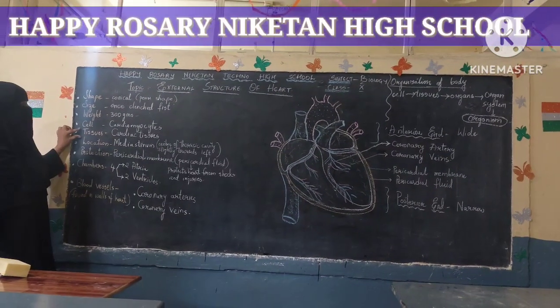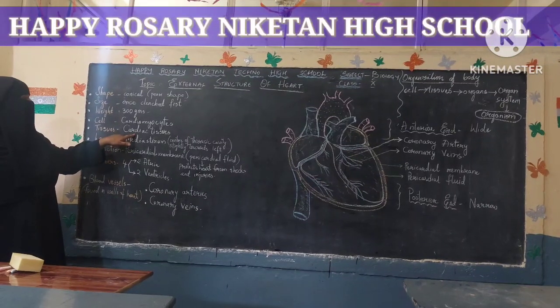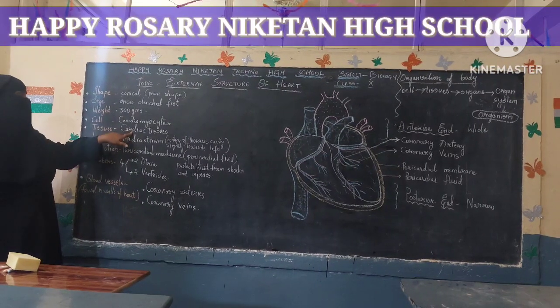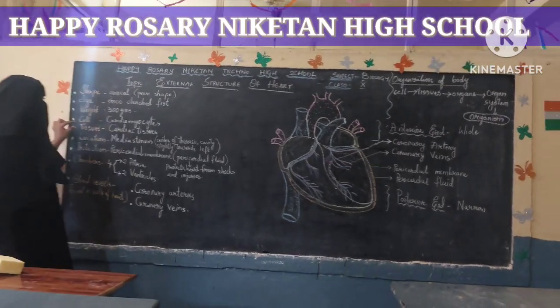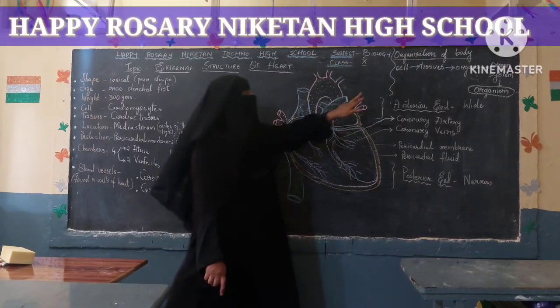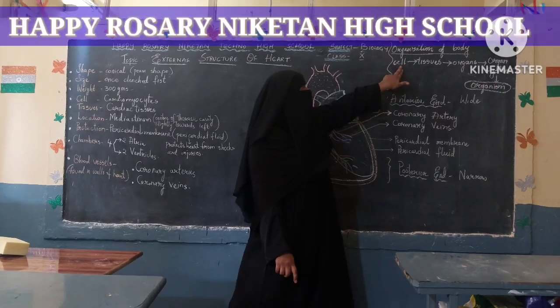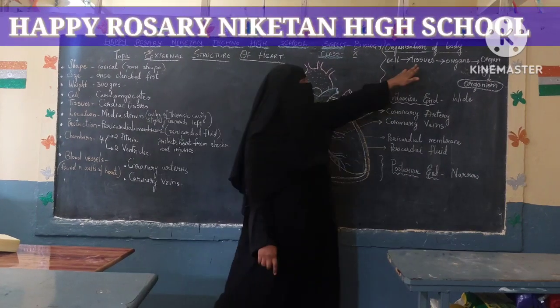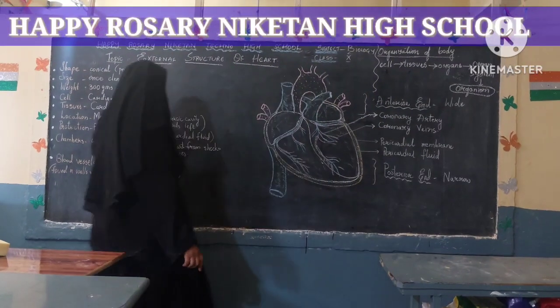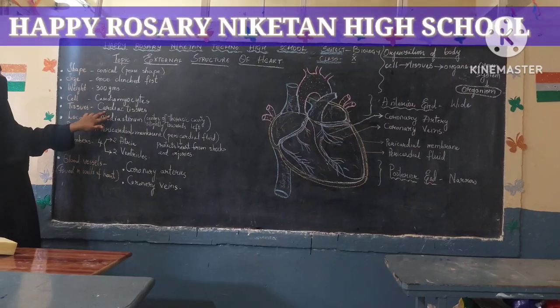The heart is made up of cardiac muscle tissues, also called cardiac fibers. So at the cellular level the heart is made up of cardiomyocytes, and the tissues present in the heart are called cardiac tissues.